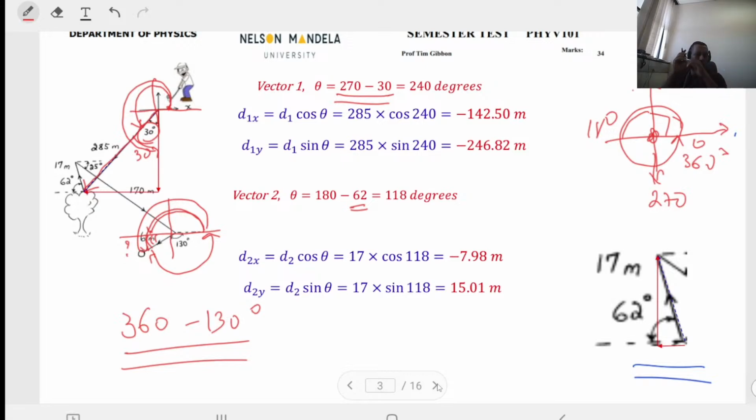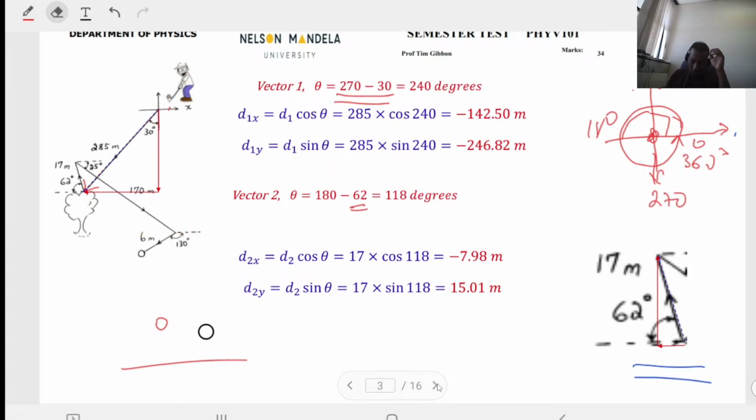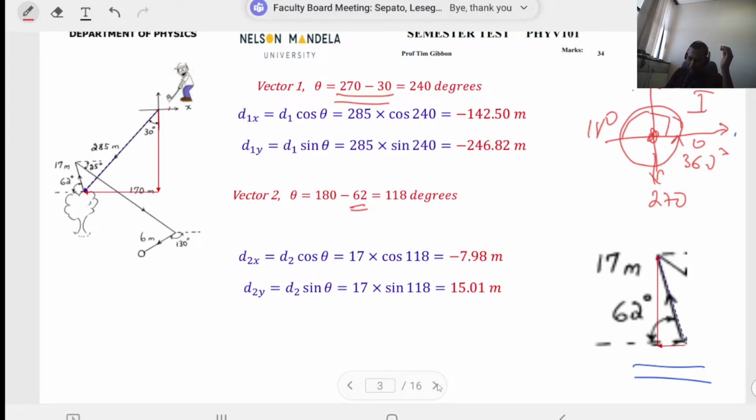I don't want to confuse you, but I could tell you there is another option also. It's going to confuse you, but think of which quadrant the first vector is in. Is it in the first, second, third, or fourth? Remember, this one is the first quadrant, this one is the second, this one is the third, and this one is the fourth.